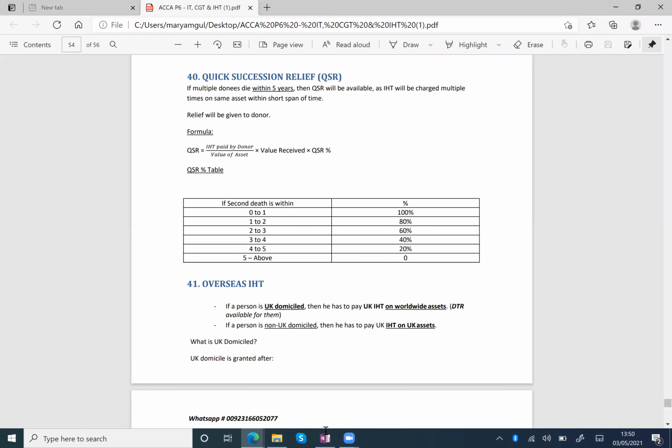How much QSR percentage will you get? There are two columns. If the second death is within 0 to 1 year, 100% is available. 1 to 2 years, 80%; 2 to 3 years, 60%; 3 to 4 years, 40%; 4 to 5 years, 20%; and above 5 years, 0%.